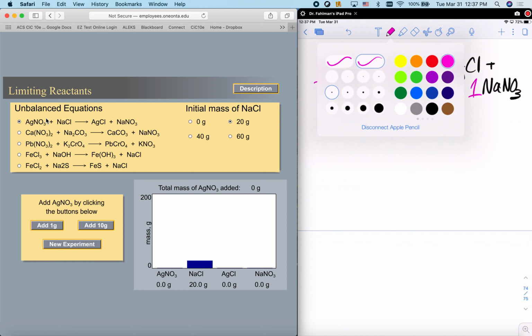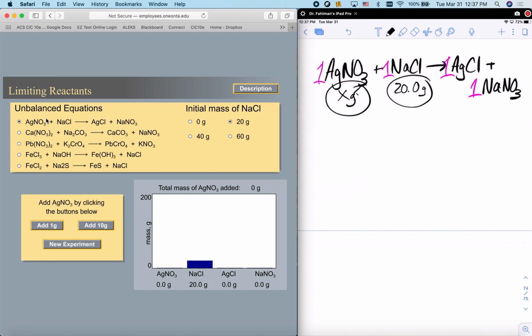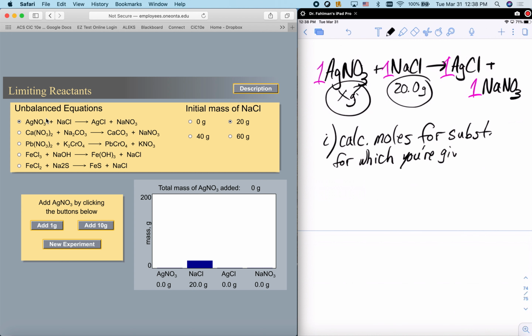Okay, and so the calculation that you have to do is first calculate moles only for the substance for which you're given grams, or moles. If you're given moles of it, then you are done already. But very typically you'll be given grams of something. So then you have to convert grams to moles. Okay?